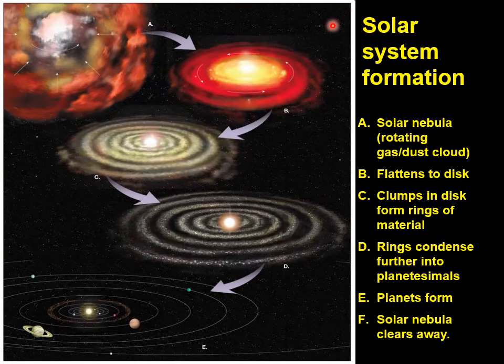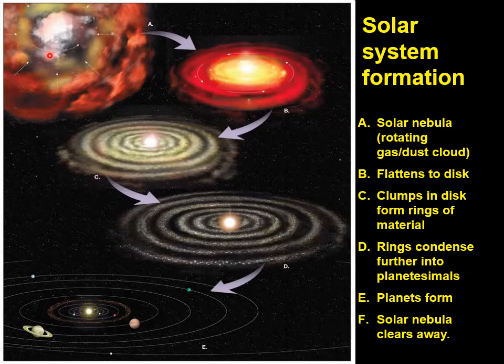This is a nice graphic here, diagrams that show how this process works in a little bit more detail. So again, these are the steps of the solar nebula theory on the formation of our solar system. Up here in the corner, this is the solar nebula, which is a rotating gas and dust cloud.